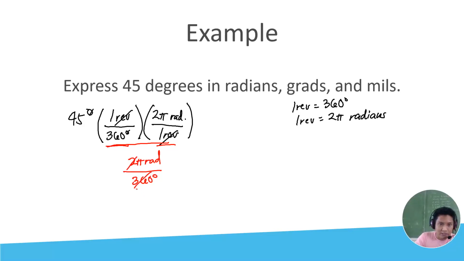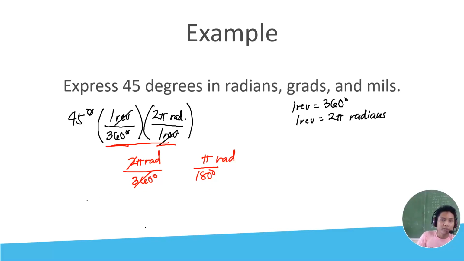So, cancel out yung 2, we have pi radians over 180 degrees. So if we want to directly convert degrees into radians, we can simply multiply pi over 180 degrees. Then yun na yung ating value for the radian.